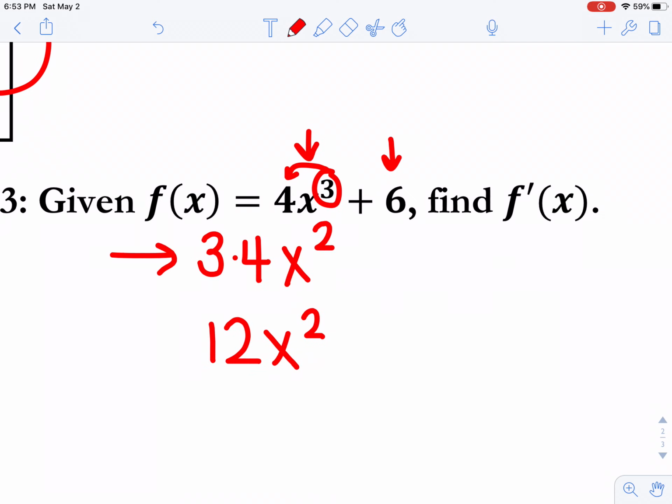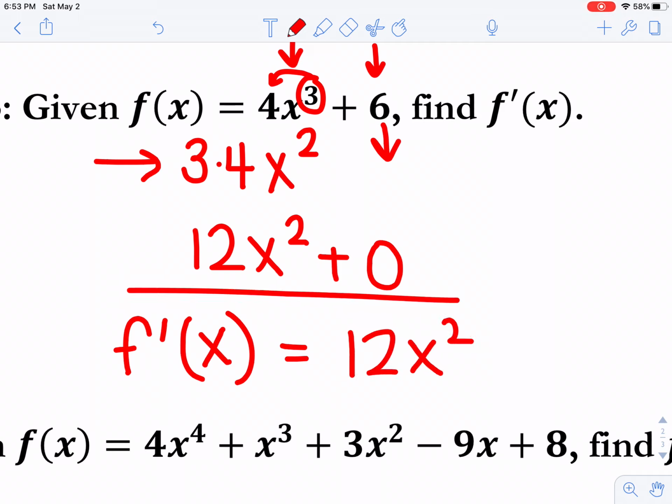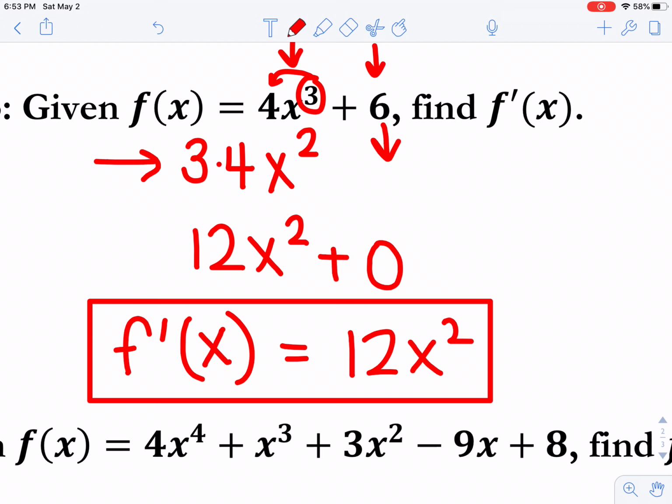I can do that part in my head. I just wanted to show you where I was getting the 12 from. And then here, any constant, so any plain number, goes down to 0 when you take the derivative. Do I need to write the 0? No. That's why I said it kind of just goes away. So my final answer is f prime of x equals 12x squared.